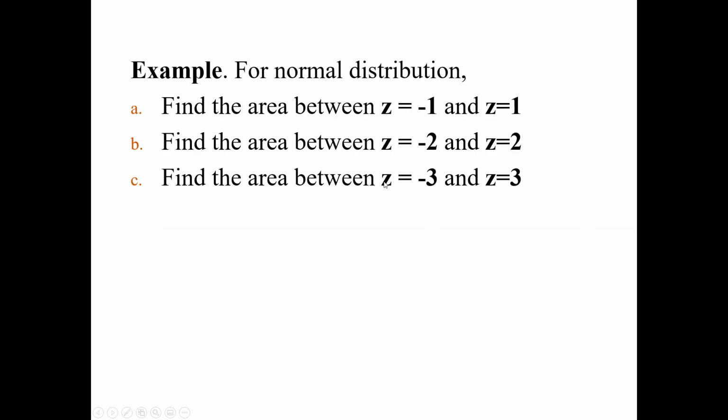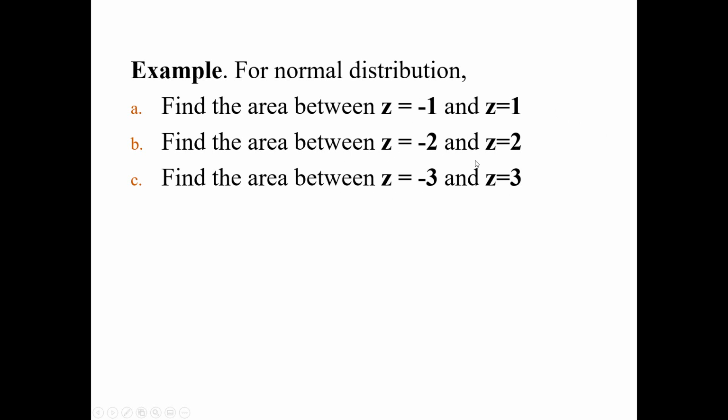We talked about the 68, 95, 99.7 rule, or the empirical rule. So the area between a z-score of -1 and 1, we can do this, or we know that rule. So we know that this one's 68%, this one's 95%, and 99.7% right here.